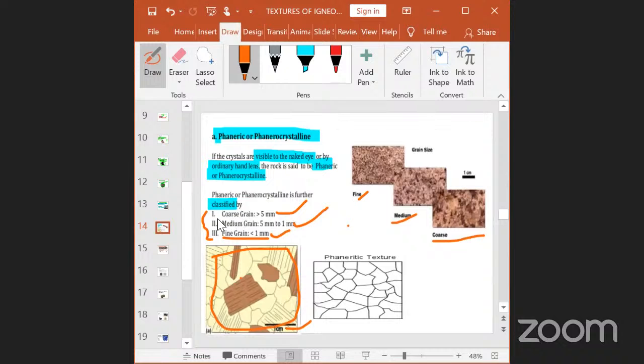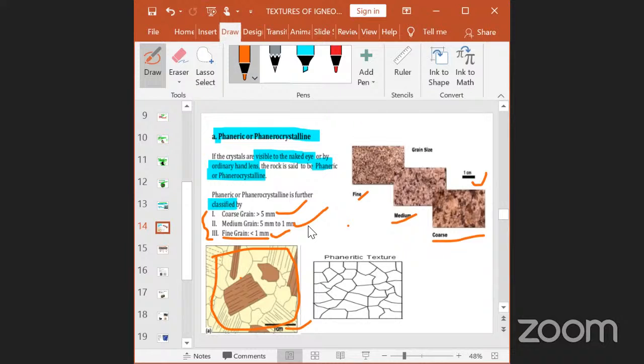Coarse grain is greater than 5 mm, right? Coarse means greater than 5 mm, that is visible to our naked eye. You see the picture here also. And medium grain size is 5 mm to 1 mm, right?